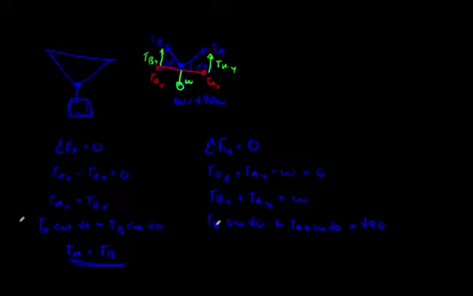Since tension A and tension B are the same, 2 tension A sine 40 is equal to 490, which means that tension A, which is equal to tension B, is equal to 490 divided by 2 times sine of 40.